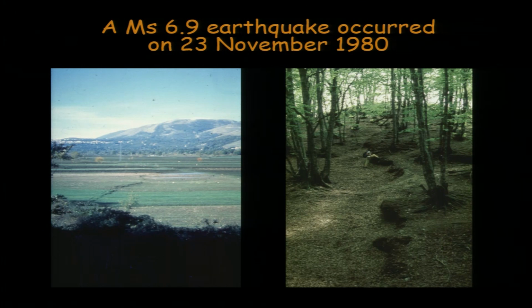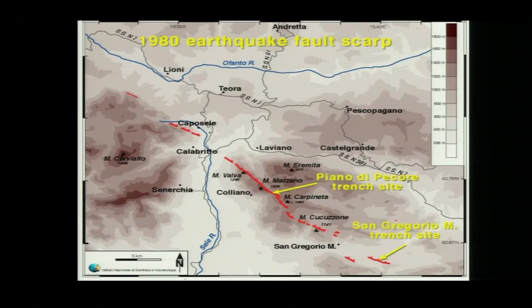So, this was the rupture, and the magnitude was not very high. It was around 6.9, that occurred on 23 November 1980, the Irpinian earthquake, and the rupture has been seen here on the surface, and this was the scarp which was formed in that region.